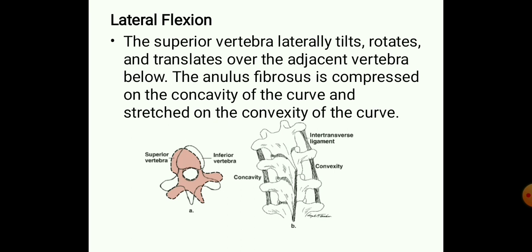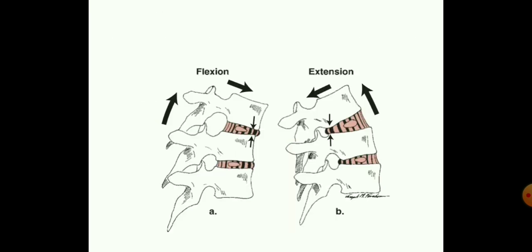It's not only lateral flexion, but it also gives some rotations and translations of the adjacent vertebra below. The annulus fibrosus of the intervertebral disc goes for compression on the concave side and stretching on the convex side of the curve. Those are the main movements happening in the spinal column.